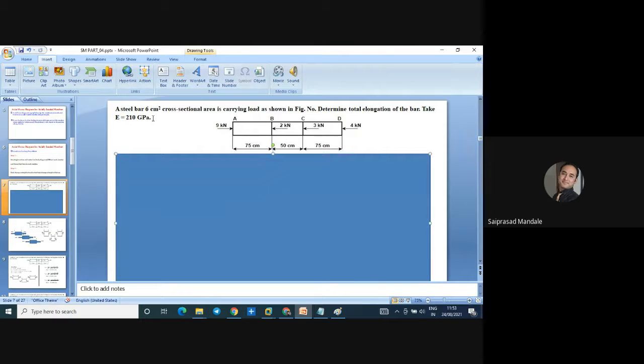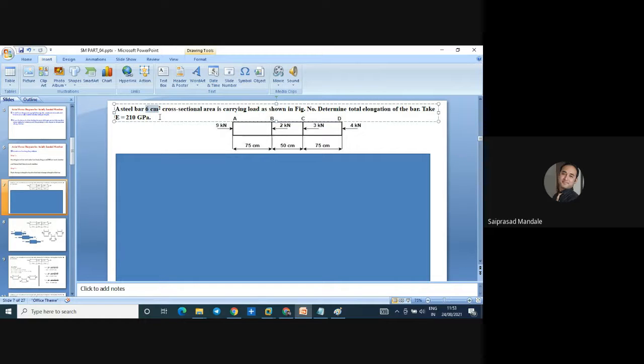A steel bar of 6 centimeter square cross-sectional area. So what is this 6 centimeter square?